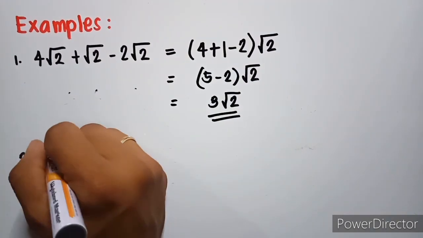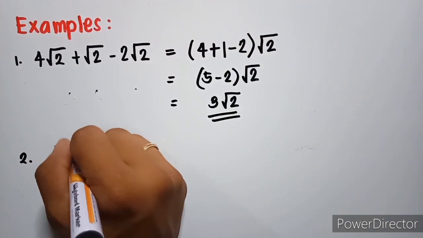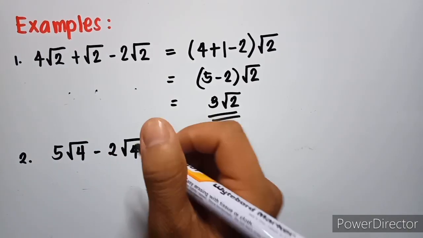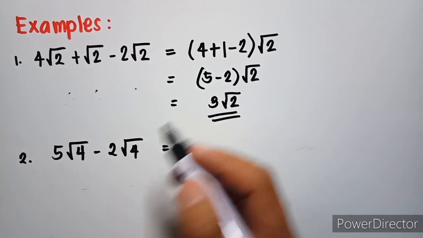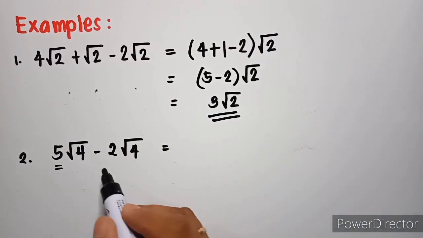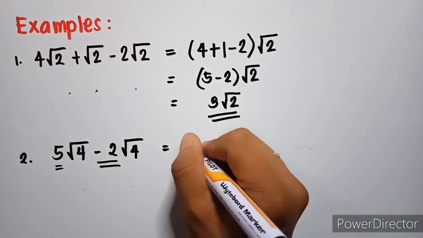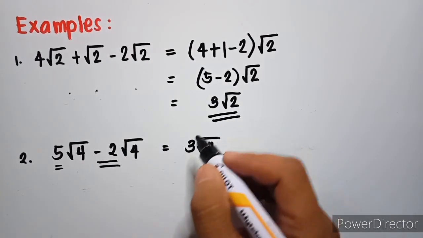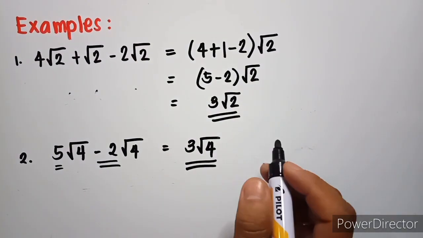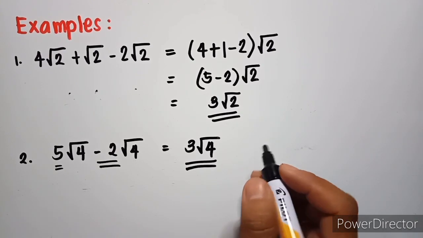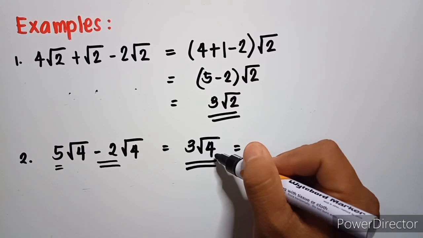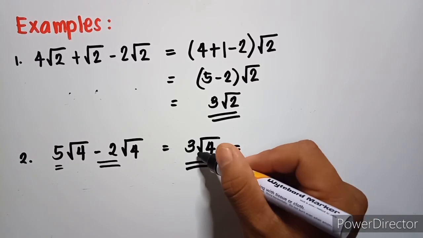Number 2: 5 square root of 4 minus 2 square root of 4. This is equal to 5 minus 2, that is 3 square root of 4. Then we have the square root of 4, which we can simplify because 4 has a square root.